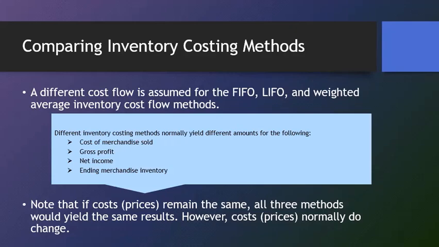And then, of course, ending merchandise inventory on the balance sheet, and that's going to affect total current assets, which we use a lot in various liquidity measures. Again, we'll learn more about that when we learn more about financial statement analysis. But it affects total current assets, it affects total assets. So this just gives you a good handle on how these different costing methods actually affect the consolidated financial statements.